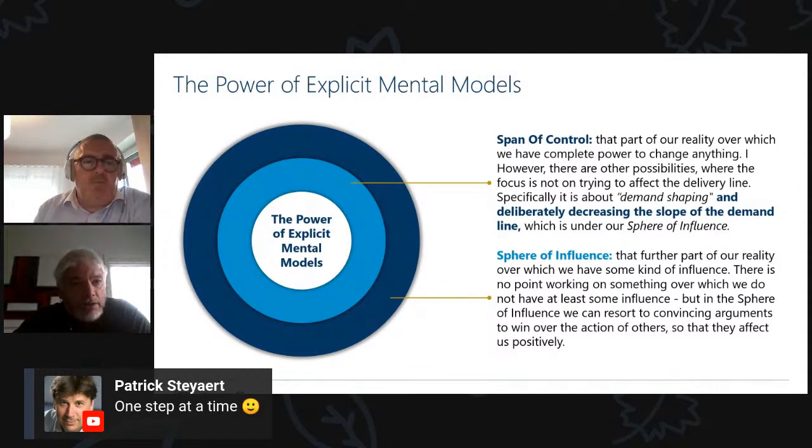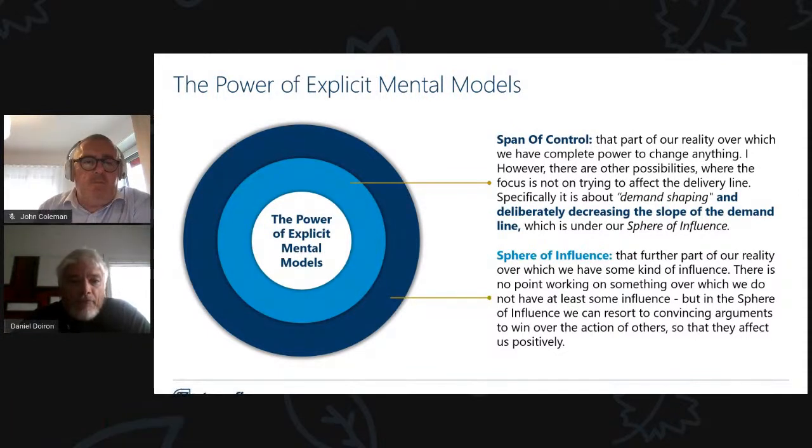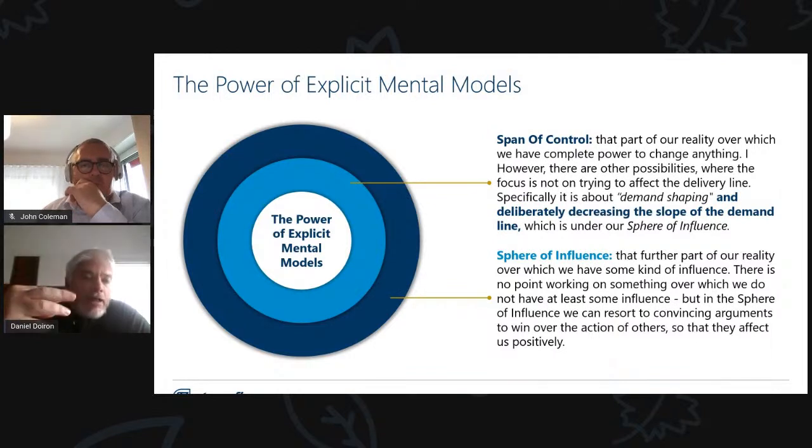It costs a lot of money. It takes a lot of time. However, in the sphere of influence, the things that I can influence, I can help my customer to shape demand, to basically match the demand curve to the capacity curve. And if I have a stable and predictable system, maybe I'll be able to deliver more. But we'll get to that. We'll see if that's true.